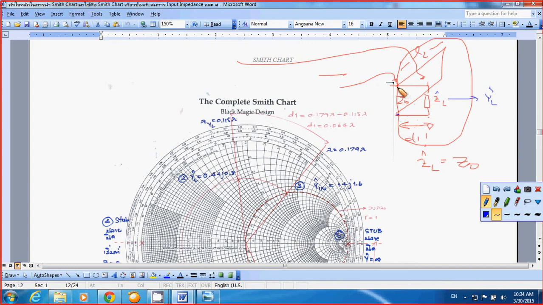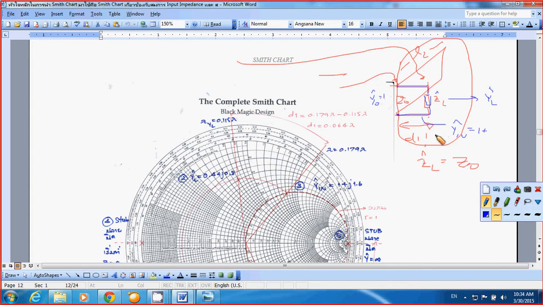You're concerned about only the portion of the transmission line here with your load impedance connected to it. You're looking for something, you want Y in here to be 1 plus something. Because if you want the transmission line to match, you know exactly that the normalized admittance of the whole system here has to be equal to the normalized characteristic admittance of the transmission line, which is equal to 1.